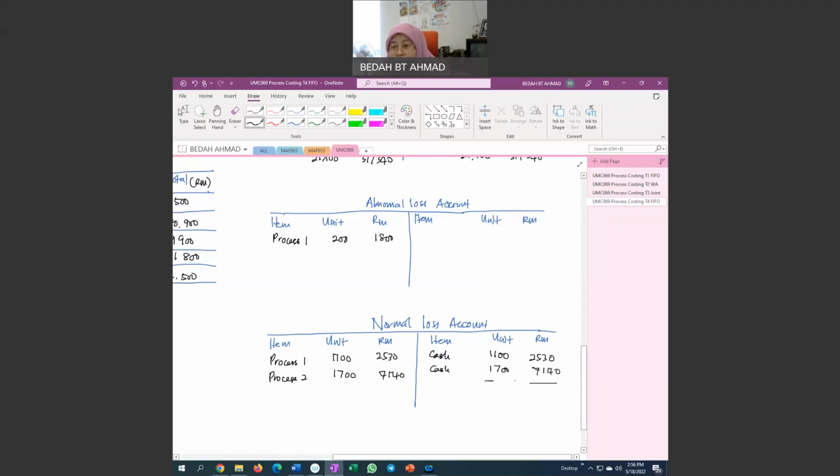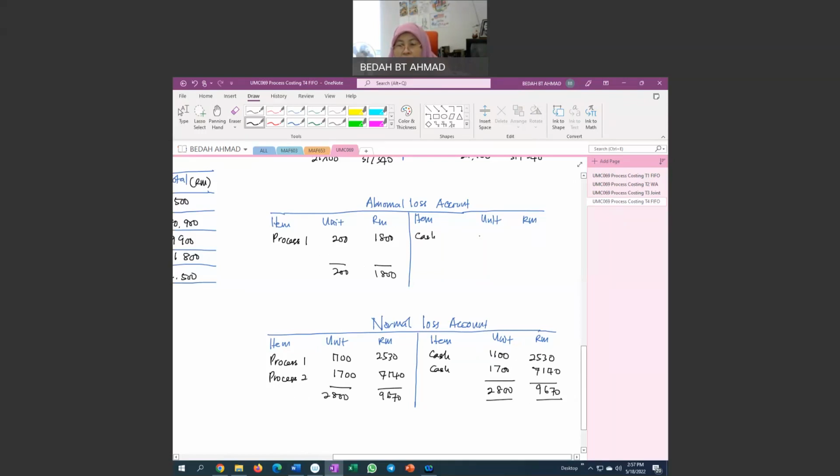Then we balance the account, so 2,080 here and 9,670. So here also we balance the account, 2,080 and 9,670. Here the 200 we transfer to our profit and loss account.